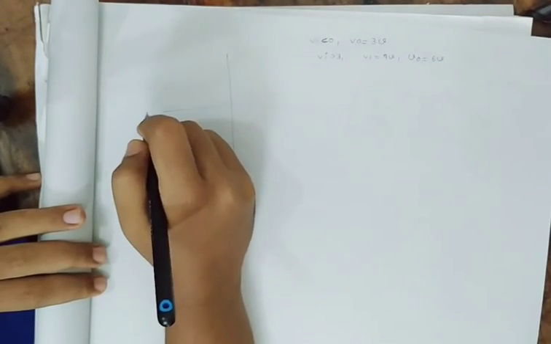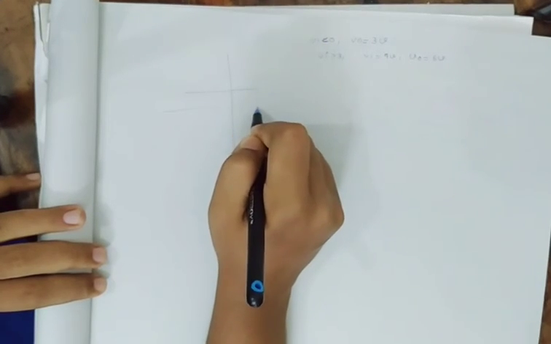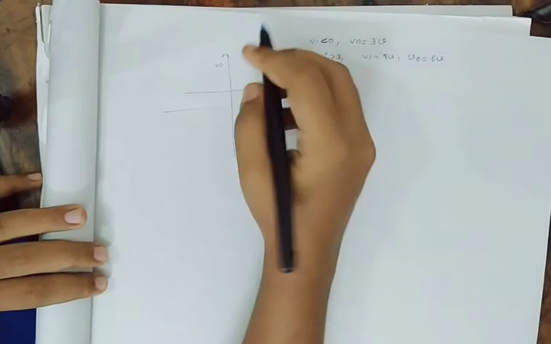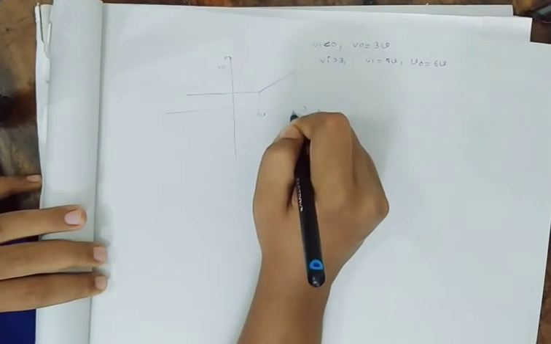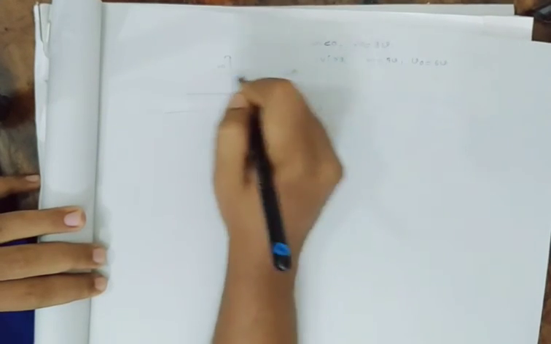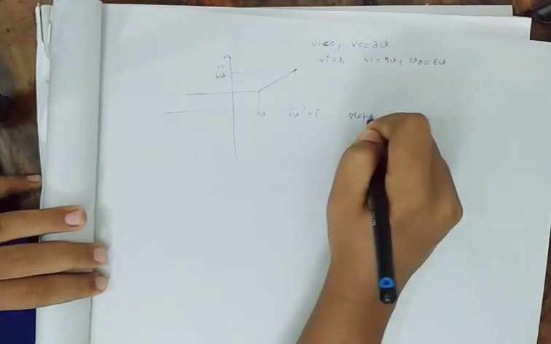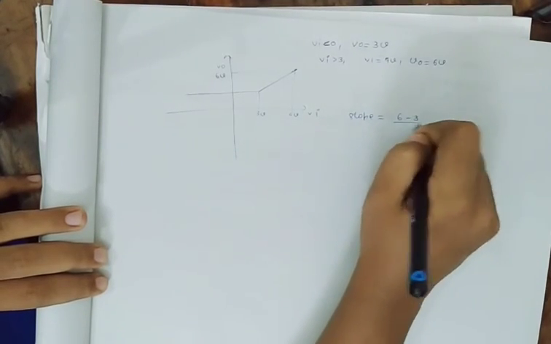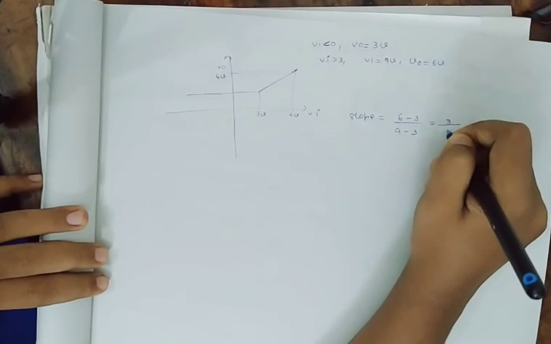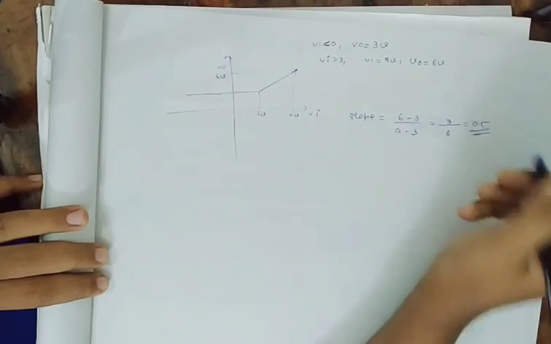So it will look like this. Up to 3 volt it was like this. When it reached 9 volt, it was 6. Now slope is equal to 6 minus 3 divided by 9 minus 3, which is equal to 3 divided by 6. So this is the answer.